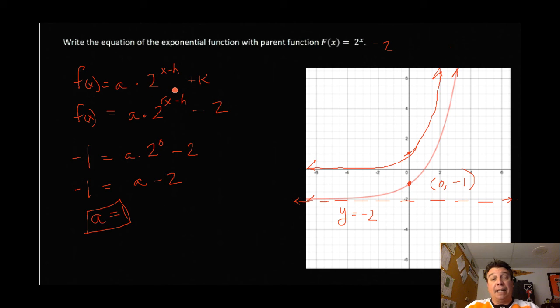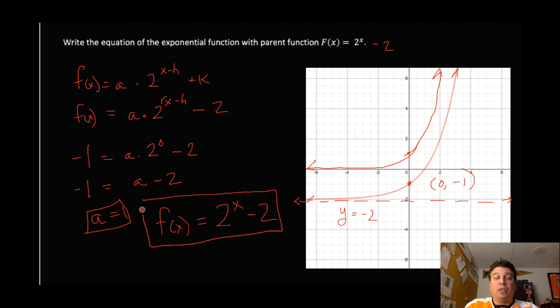I have to take that into account. So I would put the negative a in front, and I would still put whatever values I had for x to give me the y value. Now to rewrite my expression, f of x is equal to, a is 1, so I don't need to write it, 2 to the x minus 2.